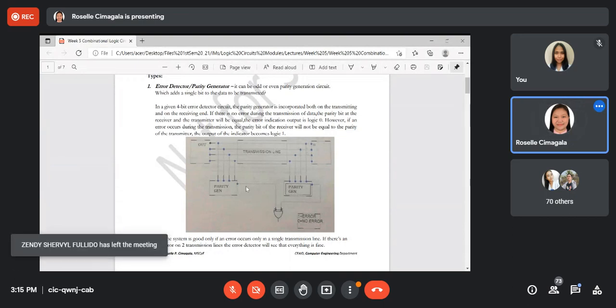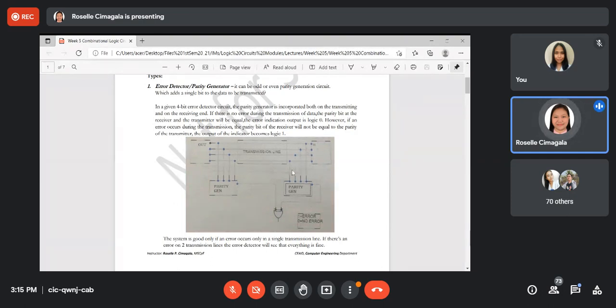It uses XOR, and it determines the output if there is an error because the bits are not the same. The combinational circuit would determine an error in the transmission of a certain transmission line. If there is no error during the transmission of data, the parity bit at the receiver and the transmitting end will be equal, and the error indication output would be logic 0. However, if an error occurs during the transmission, the parity bit of the receiver will not be equal to the parity of the transmitter. Therefore, the output indicator becomes 1.